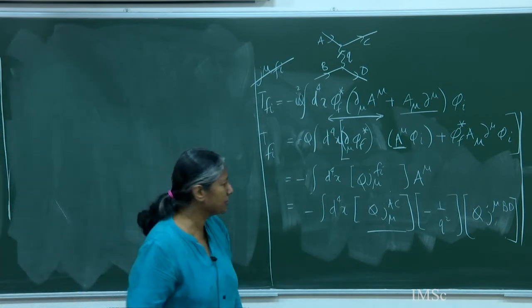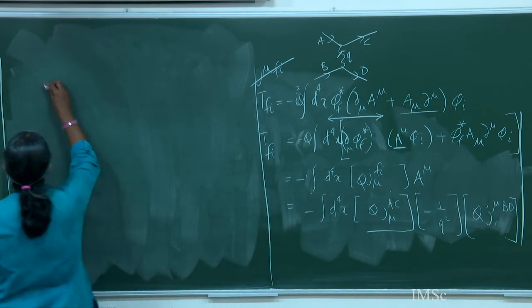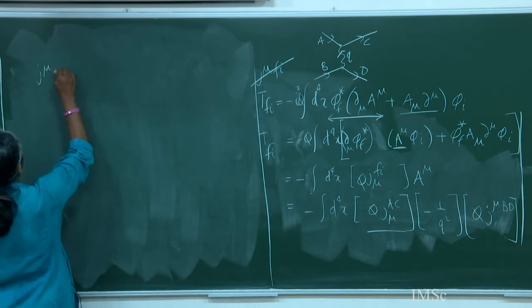So what did we do at this point? We wrote down what J mu was, any of them.